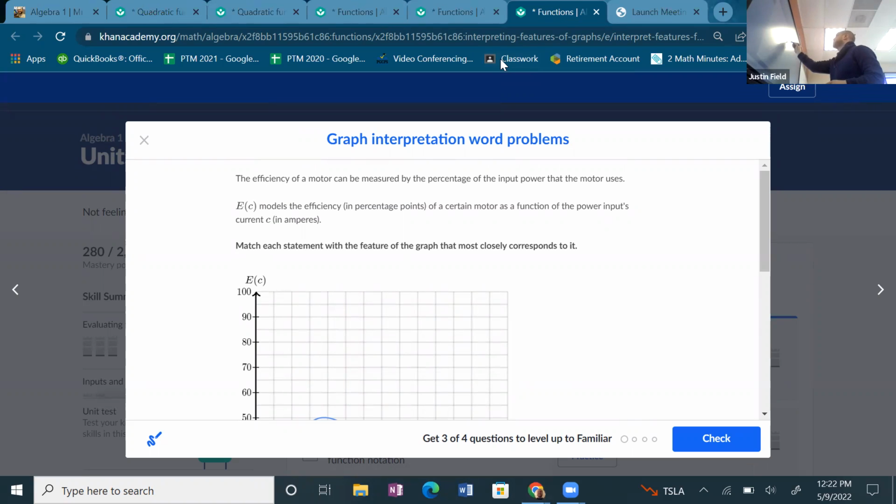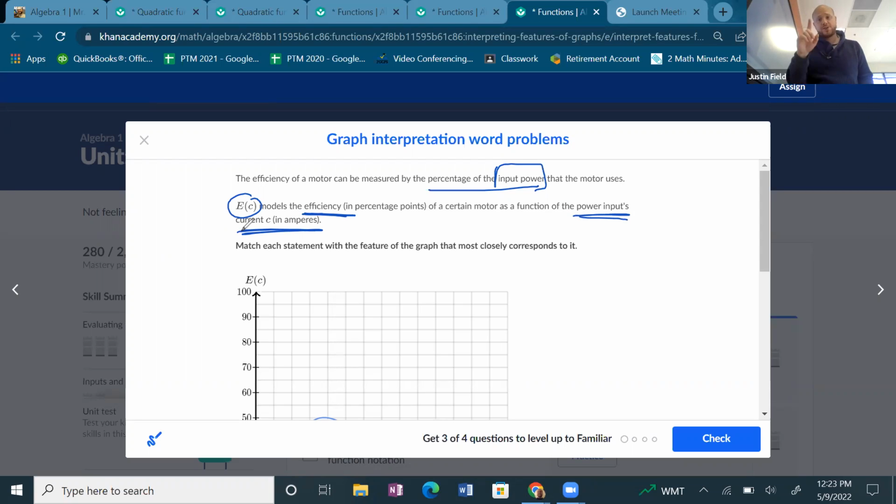E of C models the efficiency in percentage points of a certain motor as a function of the power's input current. So we're talking about putting a current into a motor and then the efficiency of that current measured in percentage points.